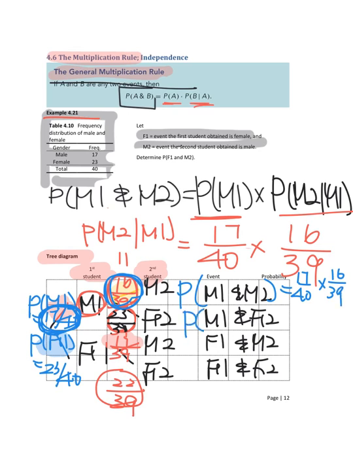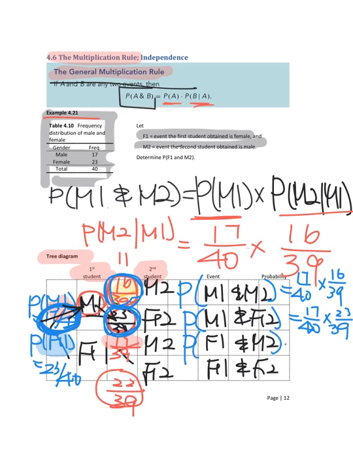The second one, M1 and F2, from here, 17 out of 40, then go here and down to take the female, 23 out of 39.